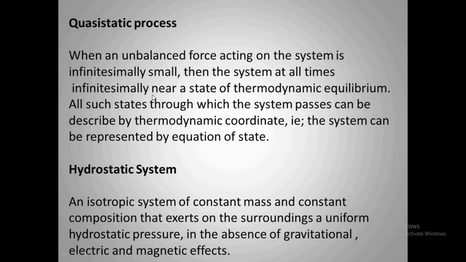So in quasi-static or infinitesimal processes, we cannot distinguish between the previous state and the current state. Since it is a very small process, we cannot distinguish the state of the system at a particular time from the state after a small time, as the state is moving in a very slow manner. That is the infinitesimal process.